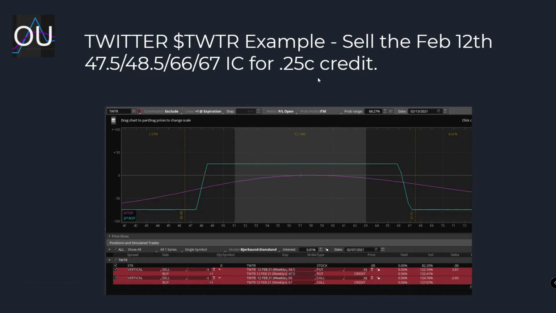And so this nets about a 25-cent credit. Remember that the previous trade was like a $1.51 credit. So this is much reduced in terms of your overall profit, but your buying power reduction will be drastically reduced in this case, and it's a safer trade for small accounts. And the probability of profit in this case is roughly the same.